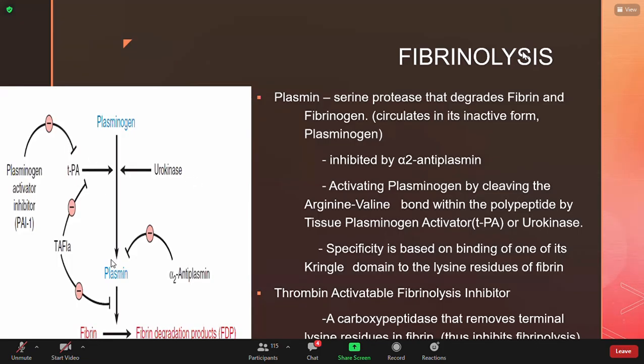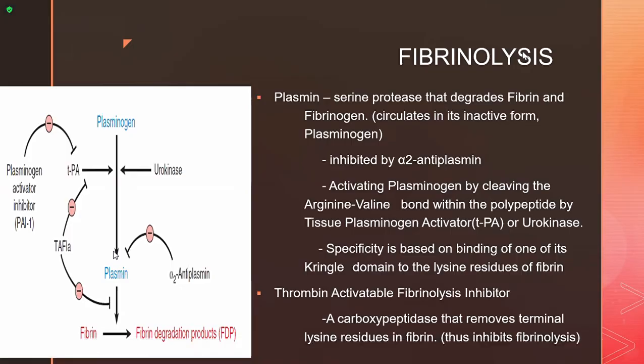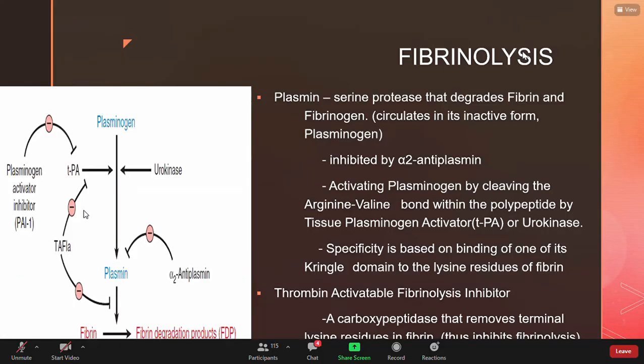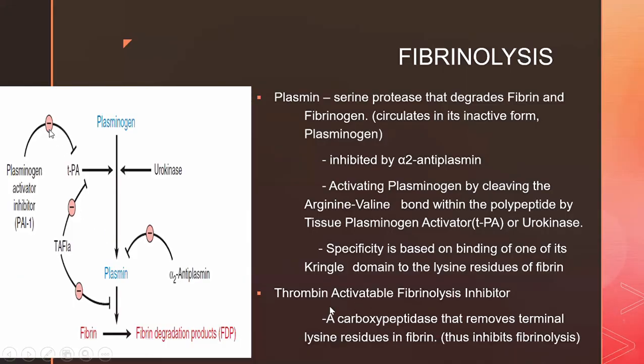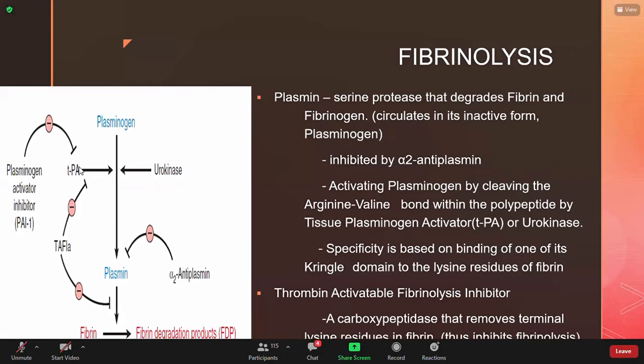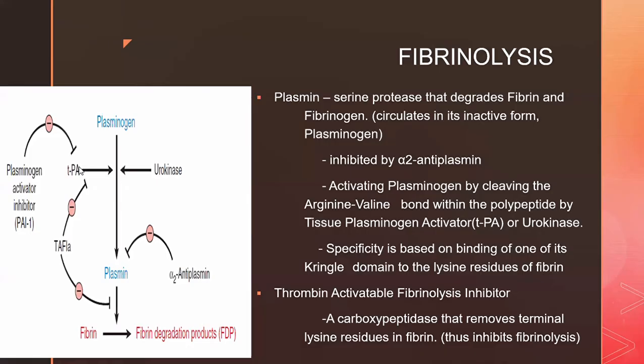Okay? We are fibrin. Then, we have also the thrombin activatable fibrinolysis inhibitor. It is a carboxypeptidase that removes terminal lysine residues in fibrin. So, pag walang lysine residue sa fibrin, walang Kringle domain ang naka-expose, walang iaak ang plasmin.